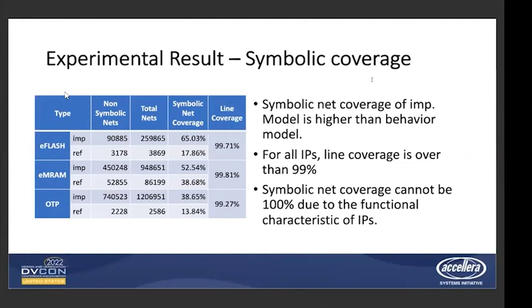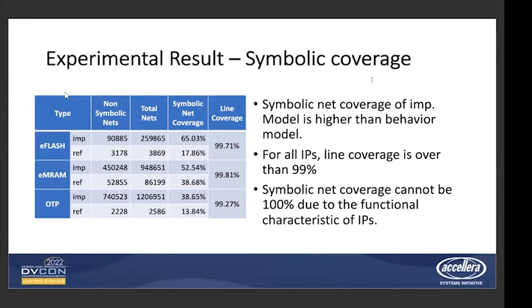Line coverage is the simulation-touched lines from the reference or behavior model during ESP simulation. As shown in the table, the symbolic net coverage of the implementation model is higher than the behavior model for all IPs.